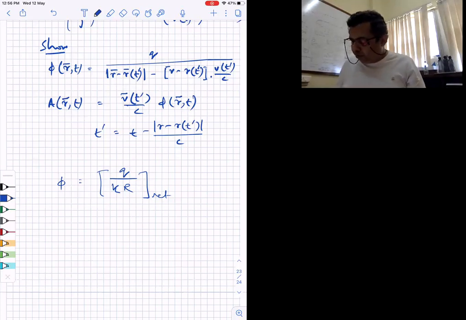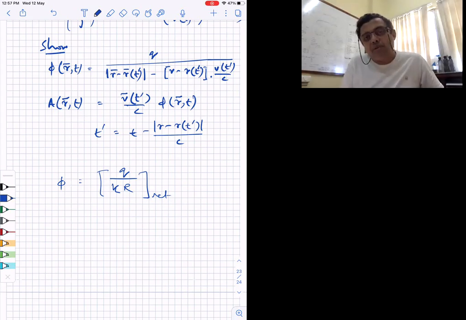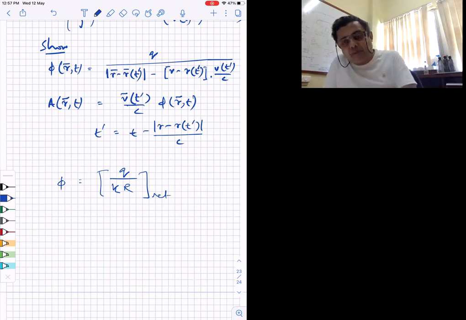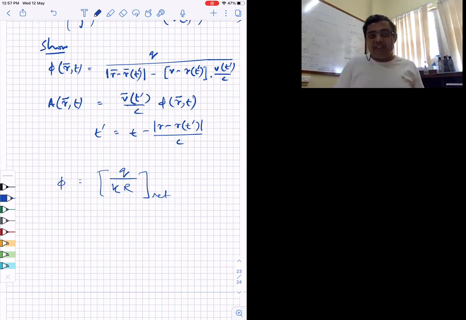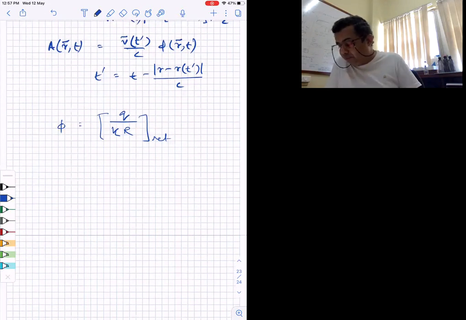But we're going to go to this kind of formalism and write down the E and B. Then without doing much mathematics directly, we're going to talk a little bit about what kind of physics should be there. What are the general properties of these radiation fields? Why do we call them radiation fields? How different are they from the other fields that we have used before? And then we'll try to proceed and go ahead.